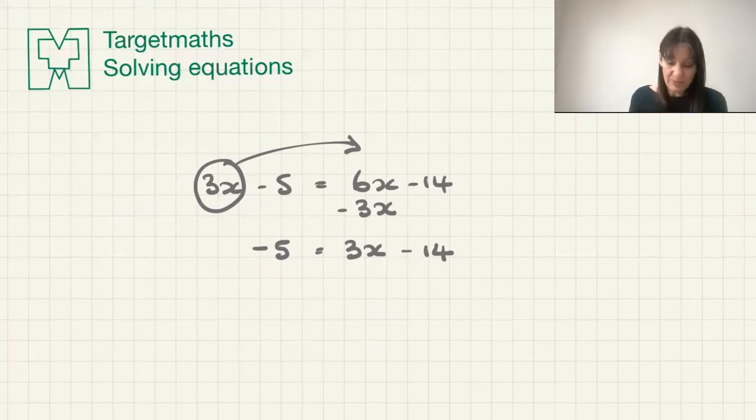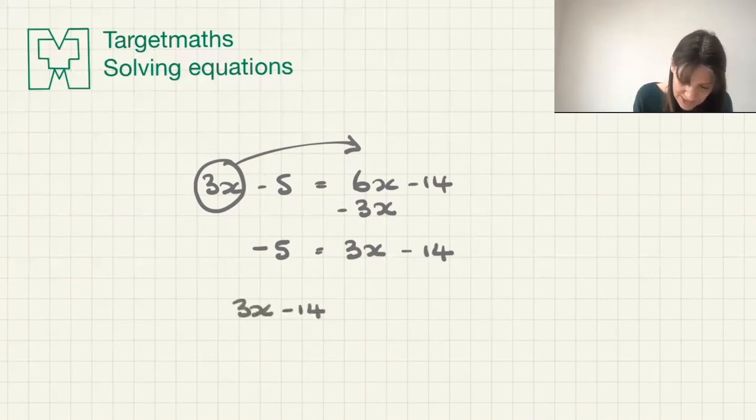If you are not comfortable, you will make the switch and you will literally rewrite the whole of 3x minus 14 and then minus 5. Don't take just half of it. Don't leave the minus 5 on the other side. It's absolutely critical when you do the rewrite that it is a full-on switch of places. Okay, then we can just carry on as normal.